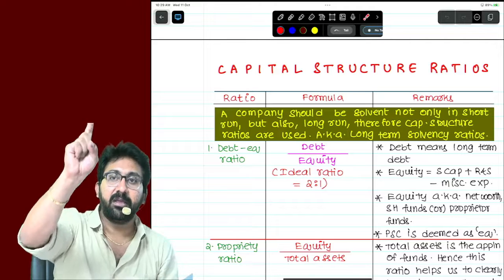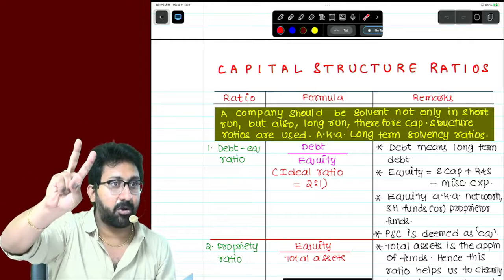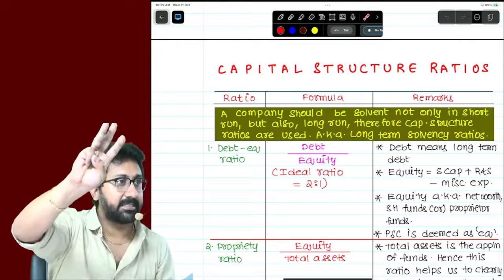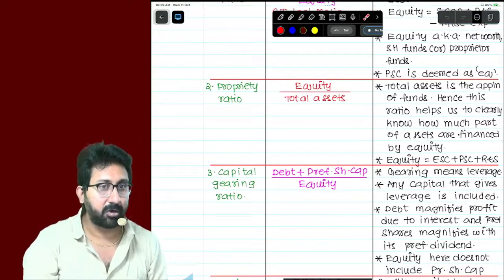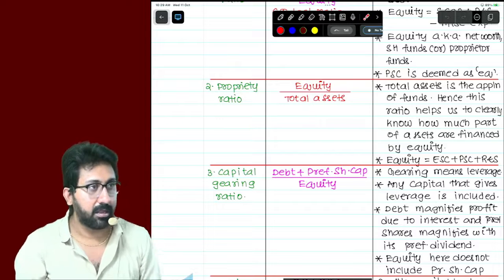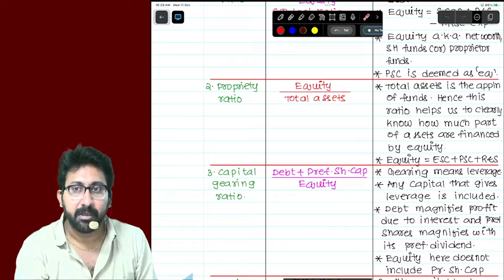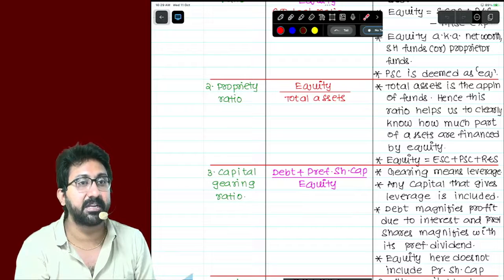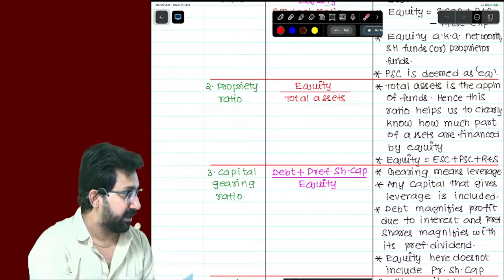Equity share capital, equity shareholders, preference shareholders, reserves and surplus. Equity by total assets. If total assets is 100 and 80 rupees is equity, then 80% of the assets are financed by equity.